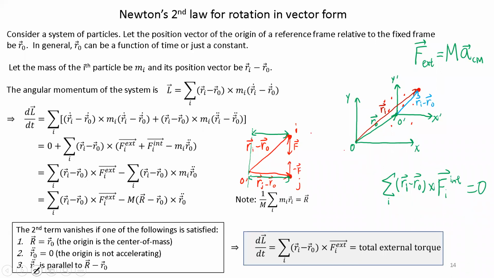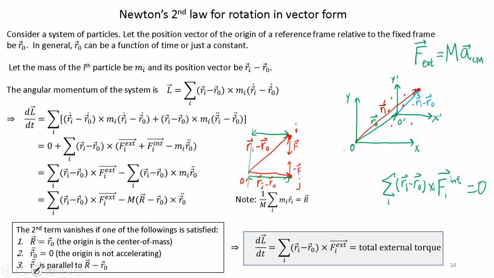That is to say, if you pick the prime coordinate system to be originated at the center of mass of the system, then you can use this torque equals dLdt. If you don't satisfy this condition, there's also another choice.